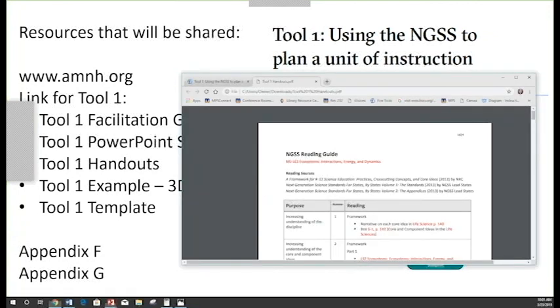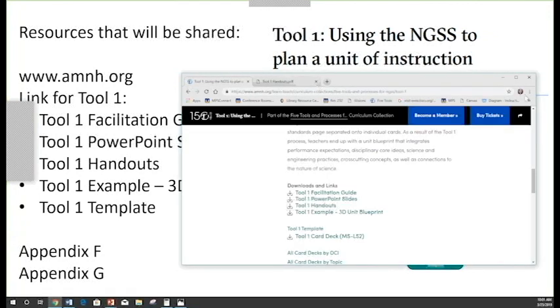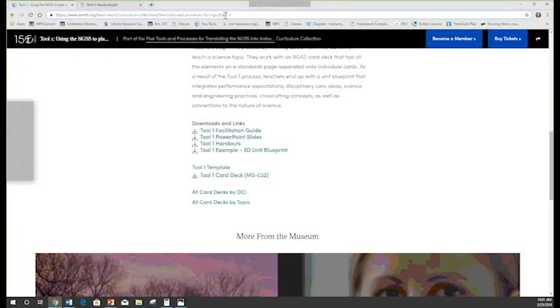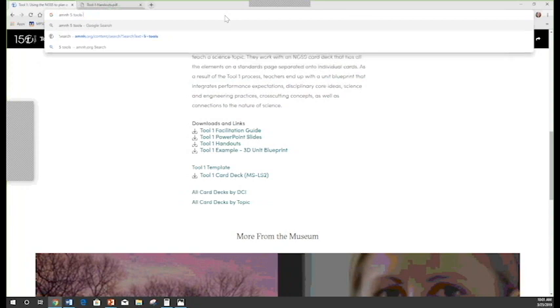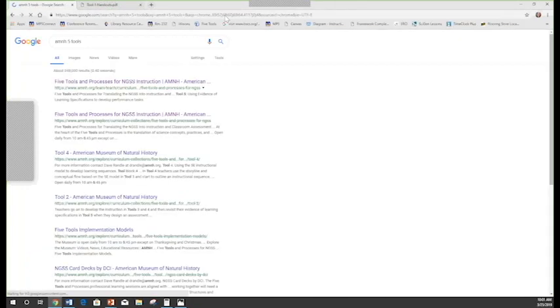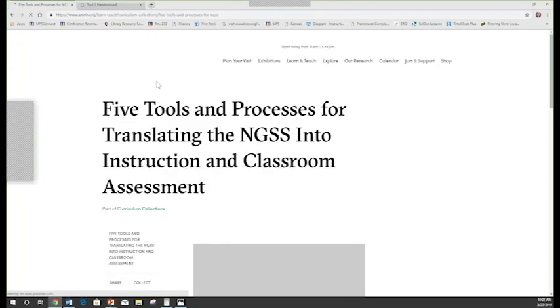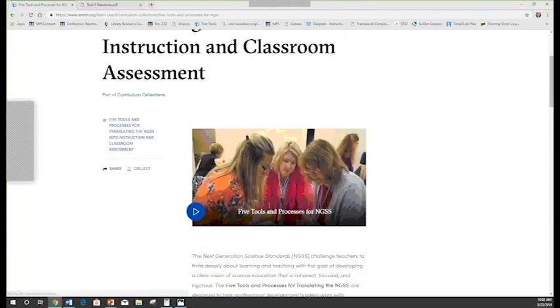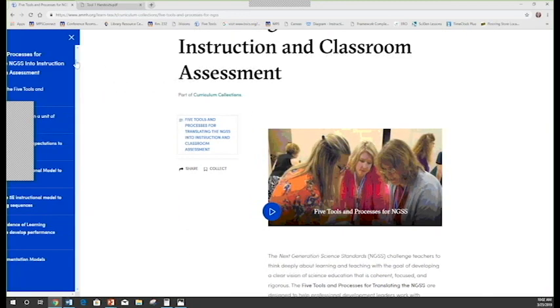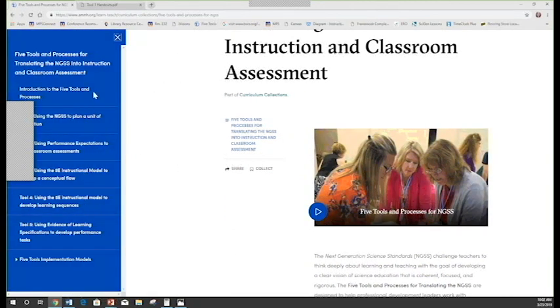I'll go here. So I just want to Google American Museum of Natural History, 5 tools. See what I get. So then I go here to the 5 tools and processes. I click on this link right here, and then it brings up all of the tools on the side.